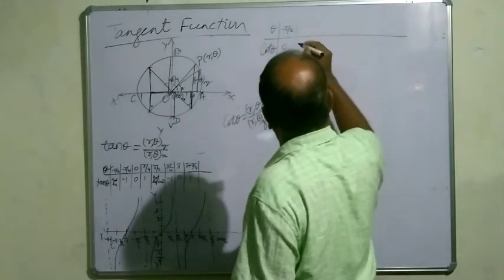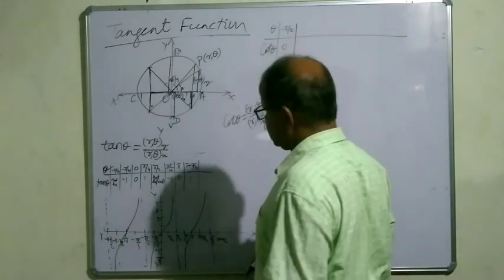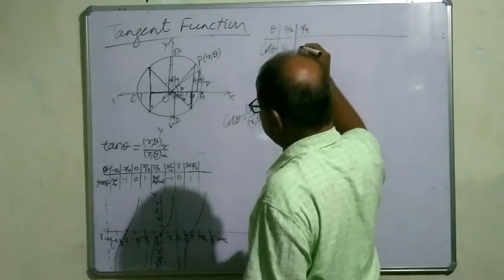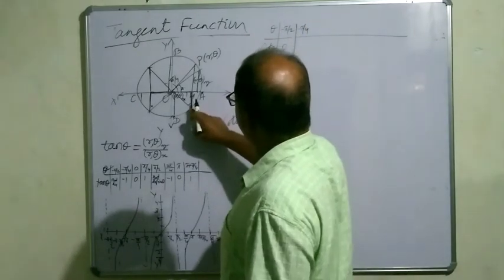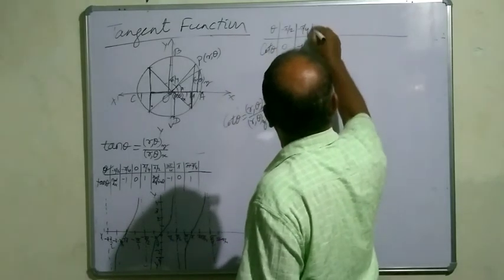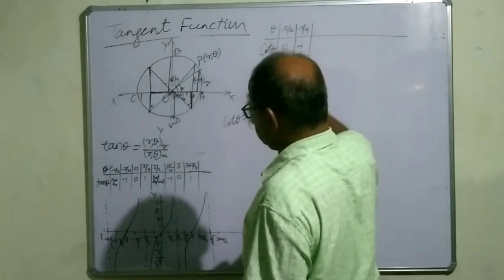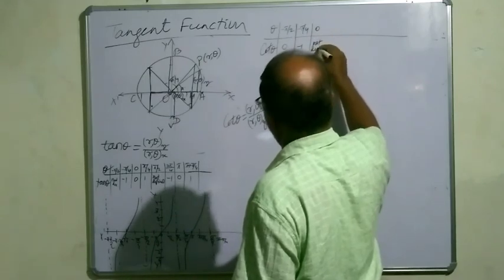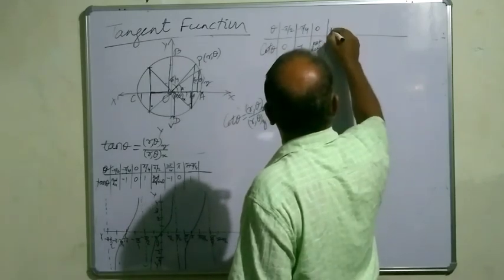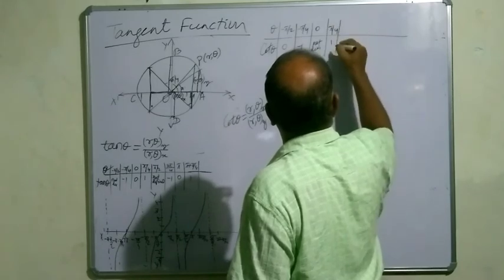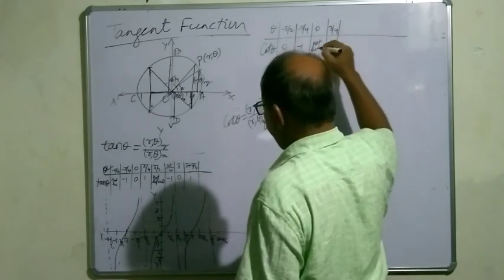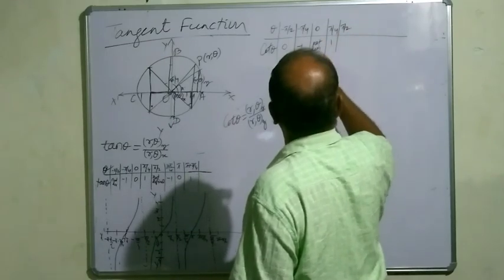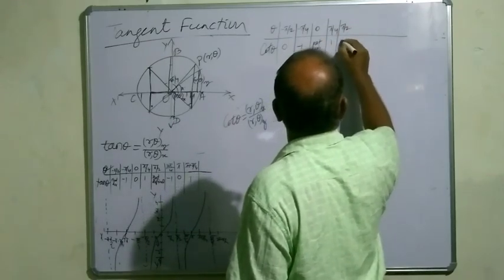And after that, minus pi by 4. This is also minus pi by 4. Here it will be minus 1, and at 0 it is not defined. Then at pi by 4 it is 1 and at pi by 2 it becomes 0.